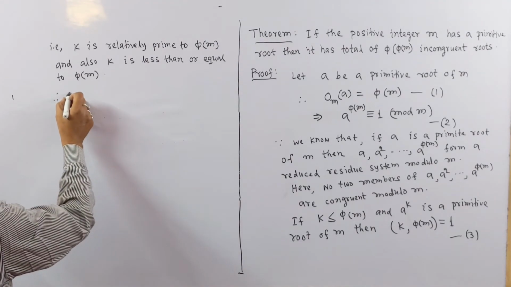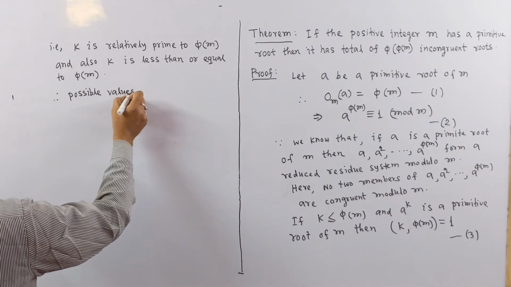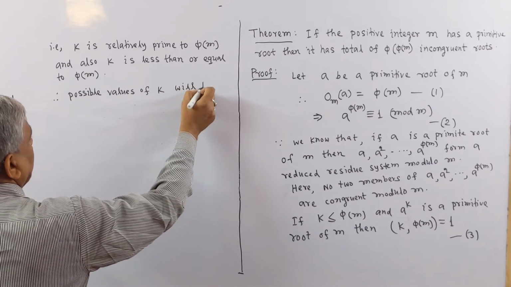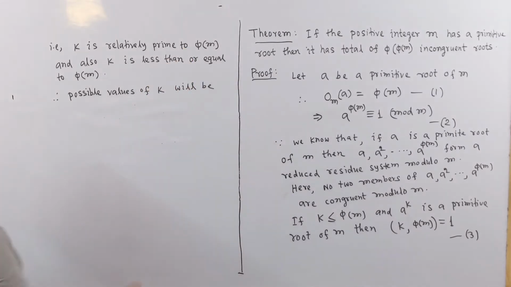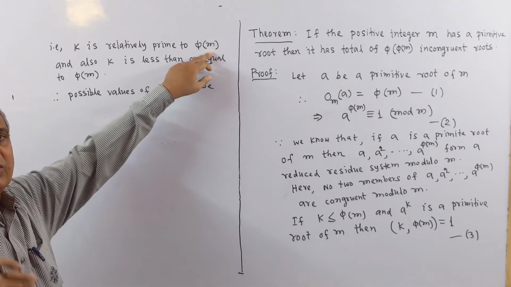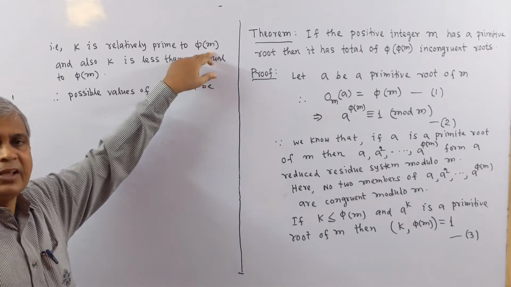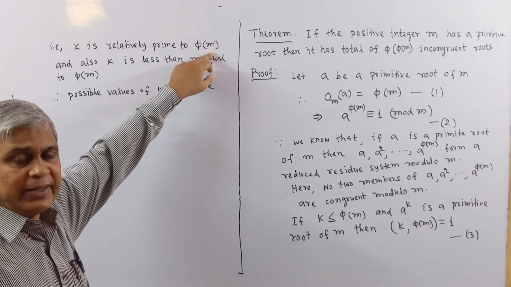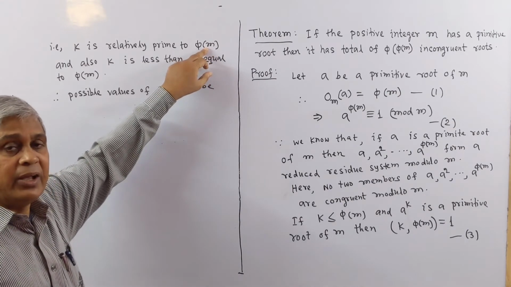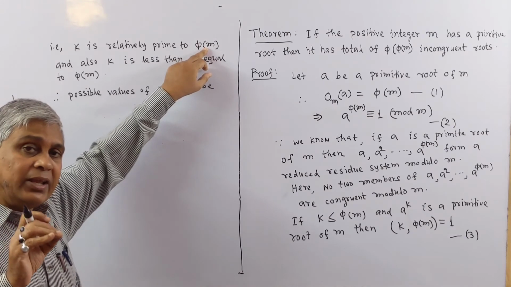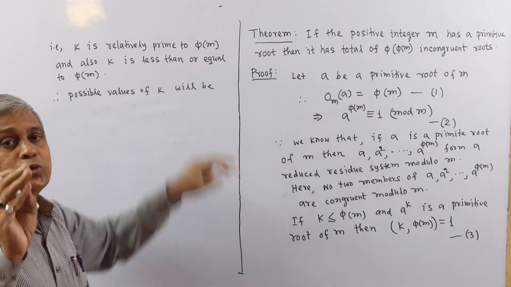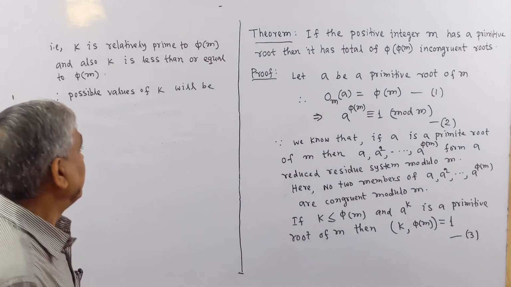Therefore, possible values of k will be, here the integer is phi m. We have to find the number of integers relatively prime to phi m and less than or equal to phi m. In this case, we use the Euler's phi function.